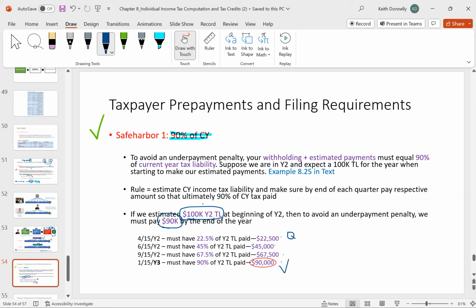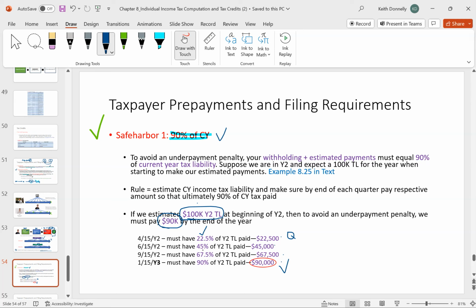So what you can do, to figure out what your estimated payments were, is say, okay, I'm using the 90% of current year. I'll take my tax liability times 22.5%. I better have that amount in by the end of the first quarter. By the end of the second quarter, I take my tax liability and multiply it by 45%.